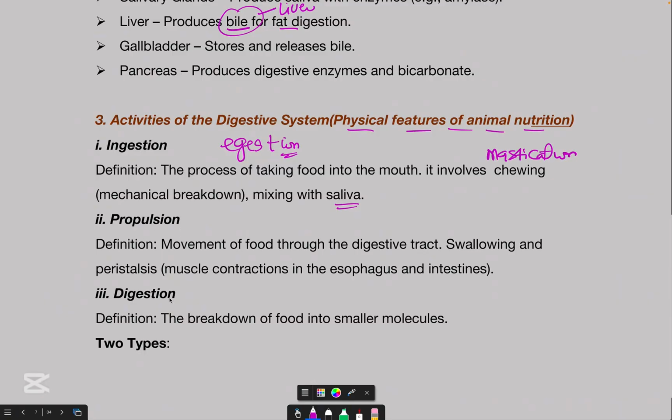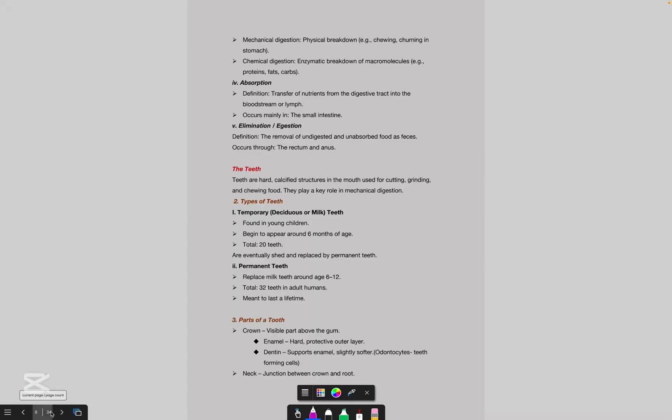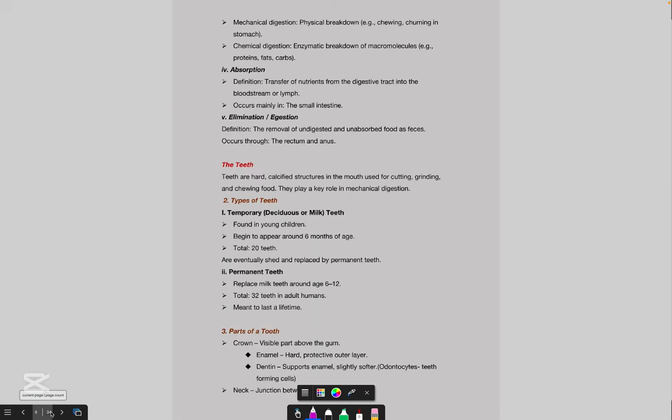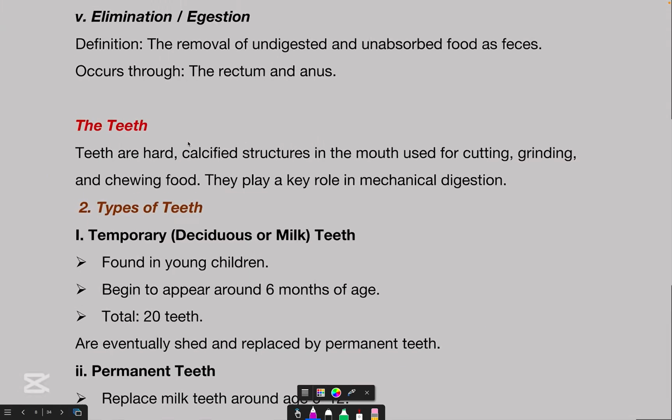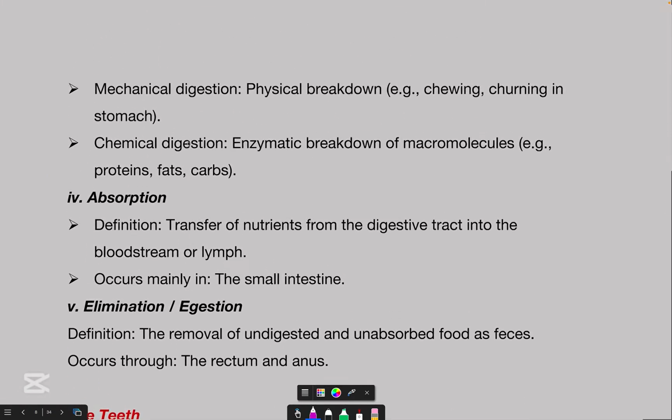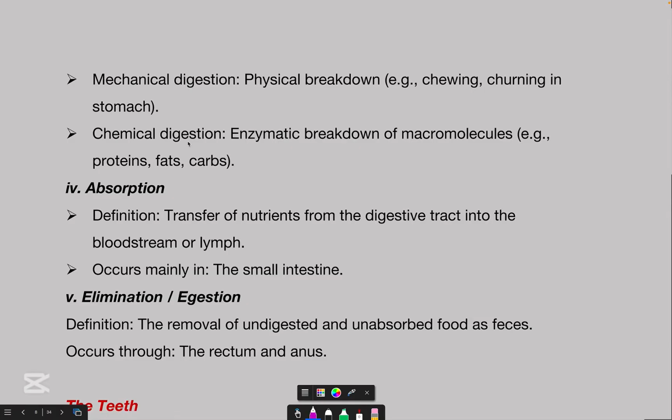Then we have digestion. The breakdown of food into smaller particles is digestion. So you should know these things. Activities in the digestion of food: ingestion, propulsion, digestion. And we said digestion has two types. We have mechanical digestion, and we have chemical digestion.